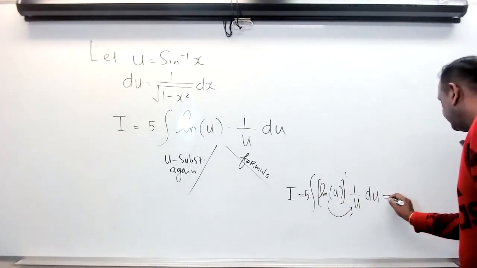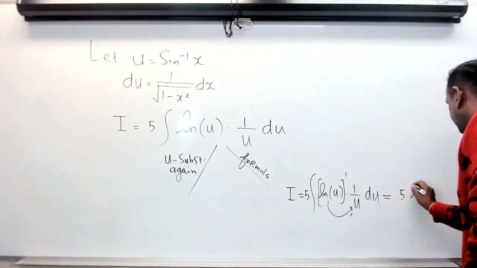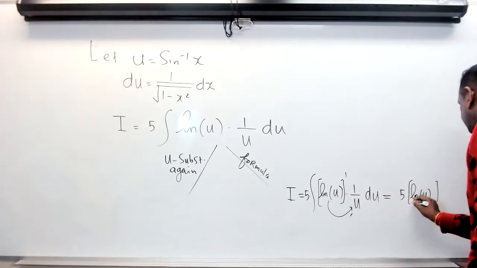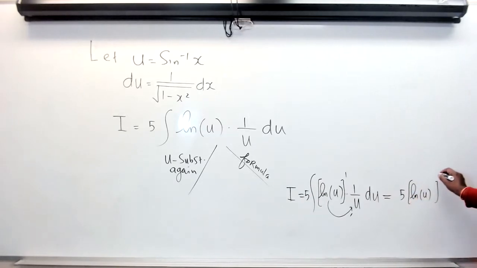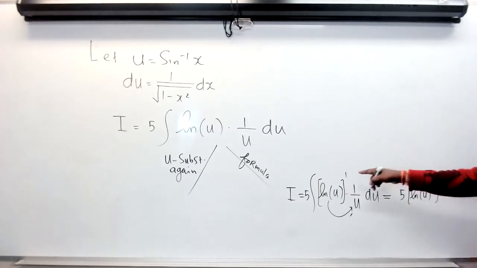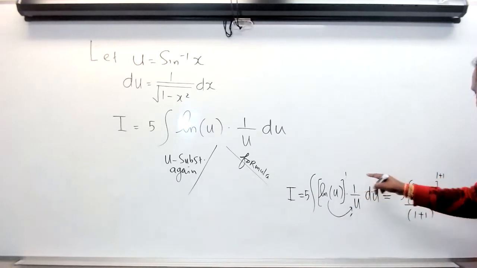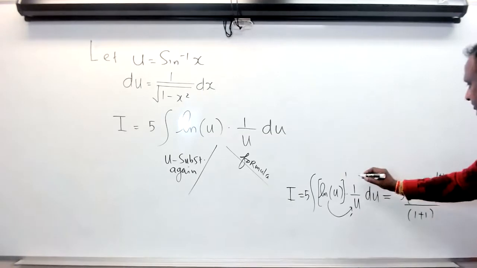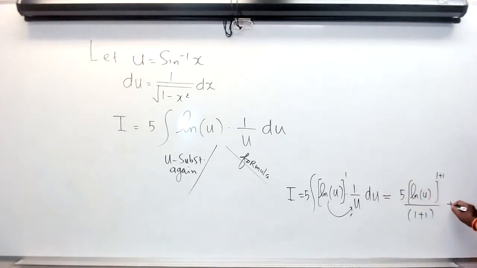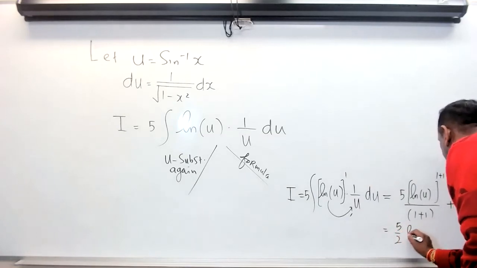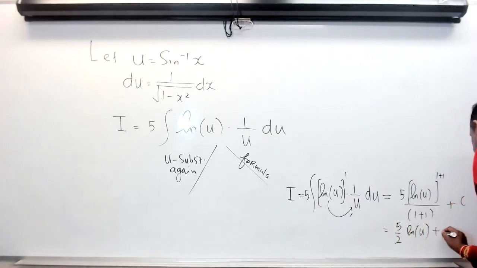The formula says, if that's the case, ln u, whatever function you were interested in, should be raised to the power of 1 more than the power it has. It's already there, 1. I added another one, plus c. So this is nothing but phi over 2 ln u squared plus c.